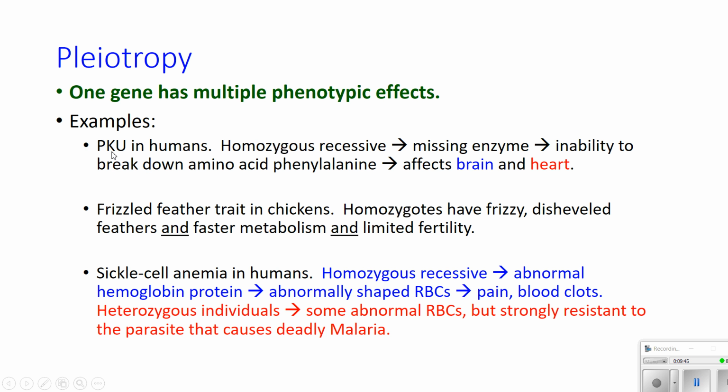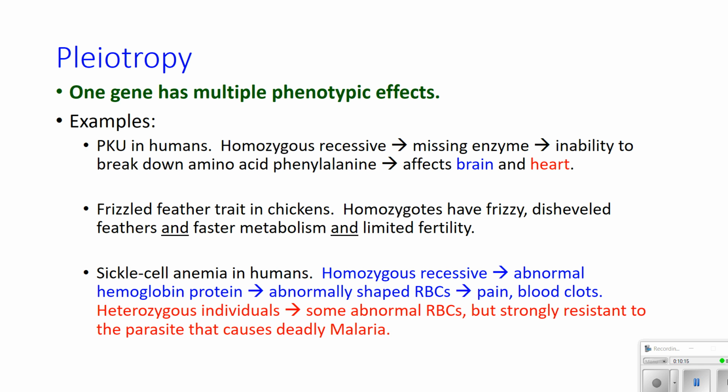Here are 3 or 4 examples. PKU, which is an inherited disease in humans. It stands for a really long word, phenylketonuria. Only humans that are homozygous recessive have this trait, and it causes the person to be missing an enzyme. The job of that enzyme is to break down the amino acid phenylalanine, which comes into our body through the proteins that we eat. So these folks who have PKU are missing an enzyme.